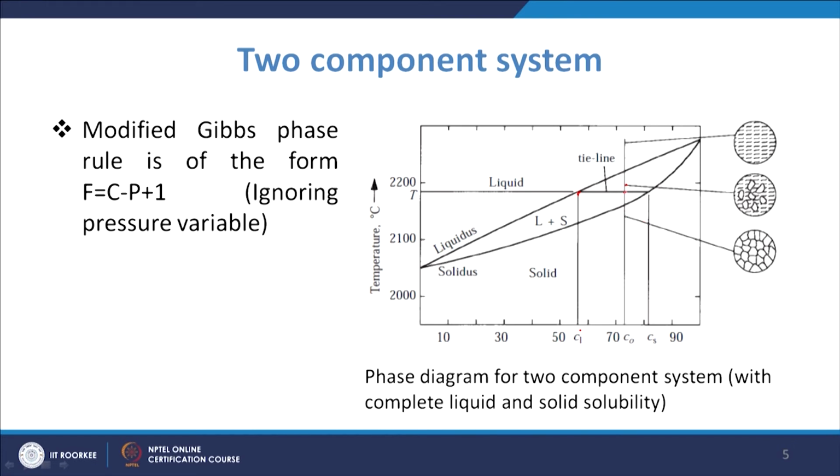So, that is formed. Now, in this case also we can apply the Gibbs phase rule to find the degree of freedom. If you take the single phase region, that is either solid or liquid, and the number of components is 2, then it is 2 minus 1 plus 1, so the degree of freedom will be 2.